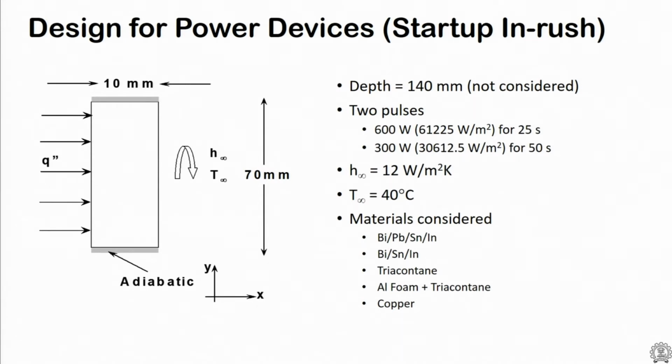We consider two different pulses depending on the motor. One could be 600 watts, and the transient period lasts for 25 seconds, and the second one is 300 watts with the transient lasting for 50 seconds.